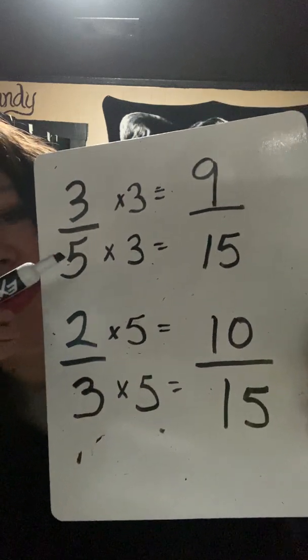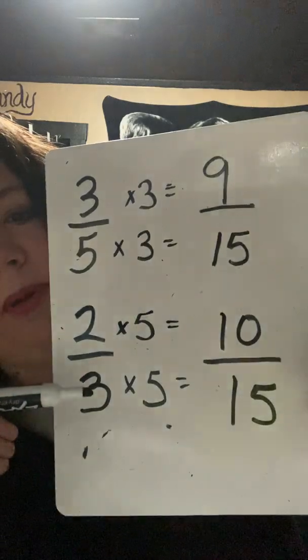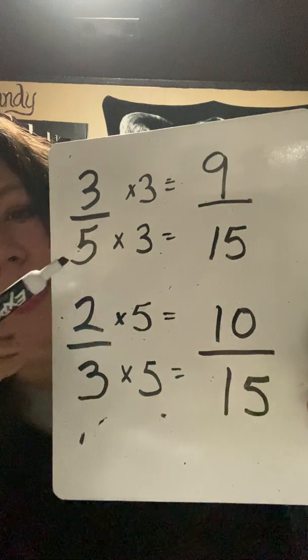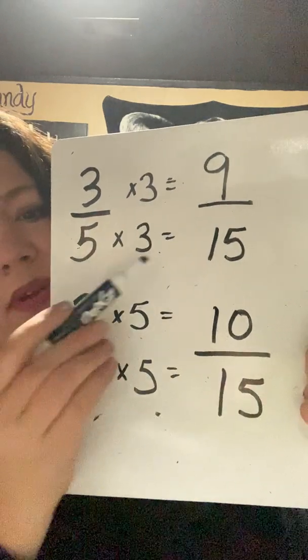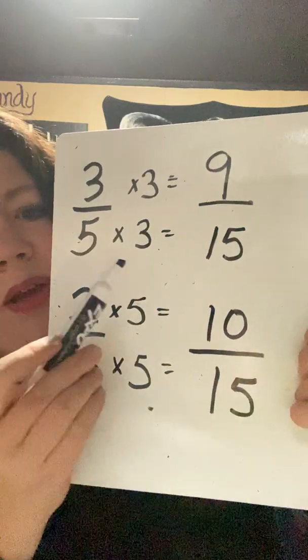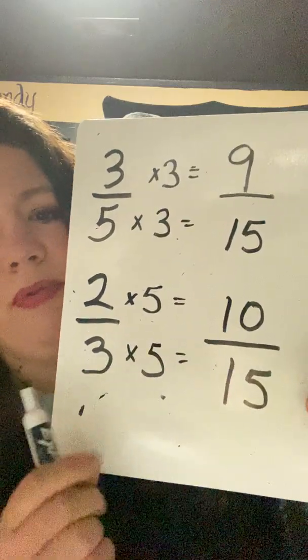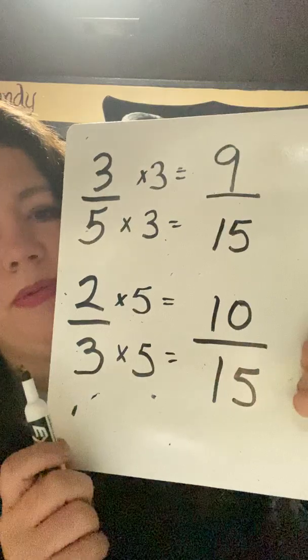That's because I multiplied this bottom number by that bottom number, and I multiplied this bottom number by that bottom number. So this one I did 5 times 3, and this one I did 3 times 5. And 5 times 3 is the same answer as 3 times 5. You can switch them. It's going to still be the same answer.